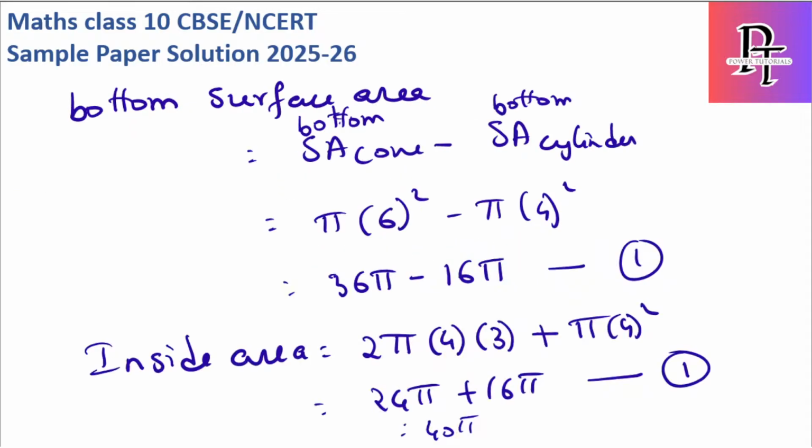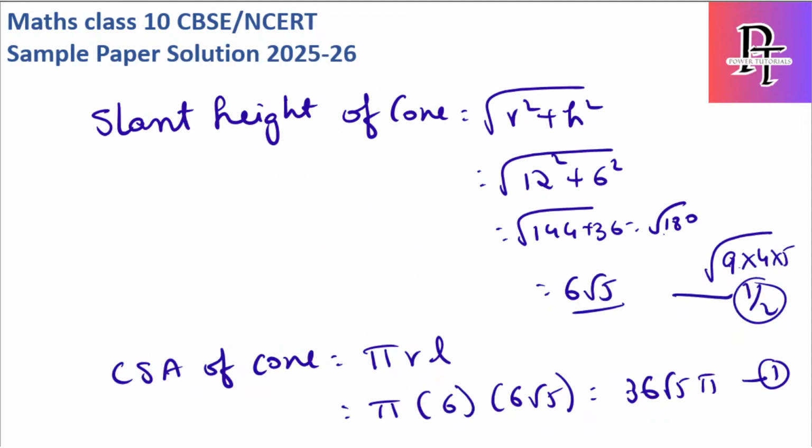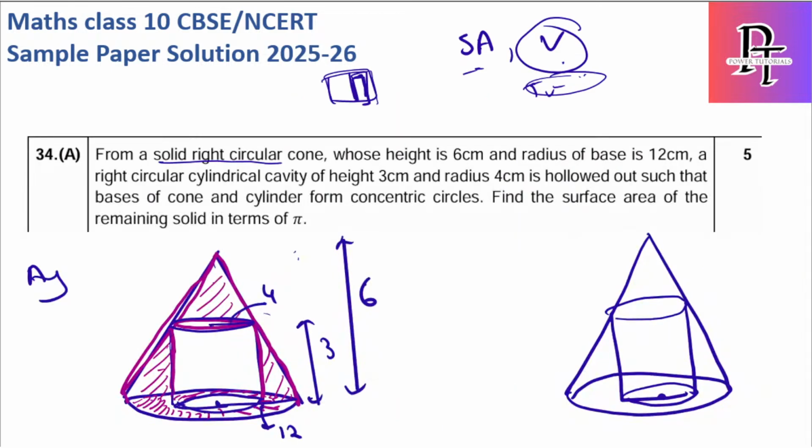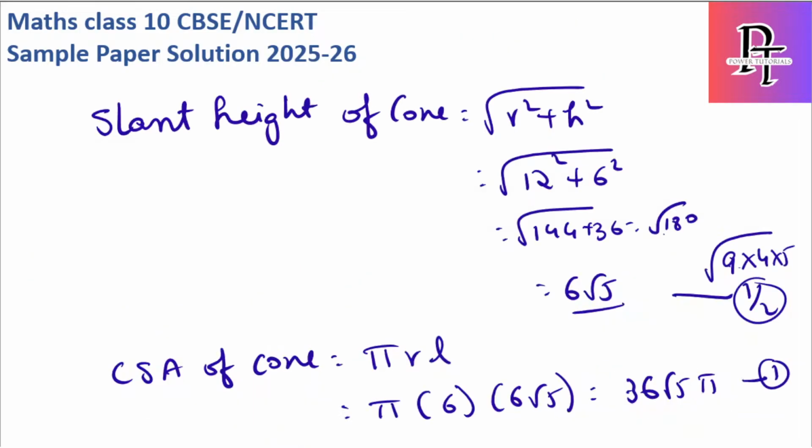Let me check the calculations once again. Radius of cone is 12. Okay, I think I made a mistake. I'm sorry, let me just correct it.